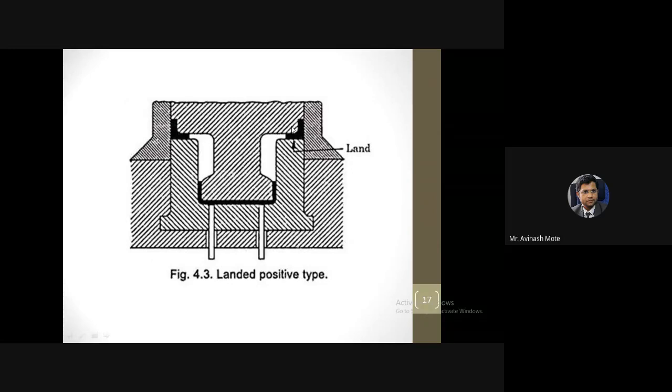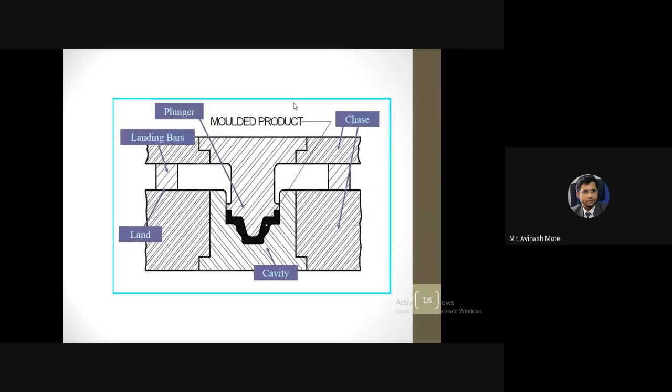This is the space provided for the landing of this mold part, or sometimes to allow the flow of excess material. Are you getting it? These are the landing bars over which this entire structure will land.